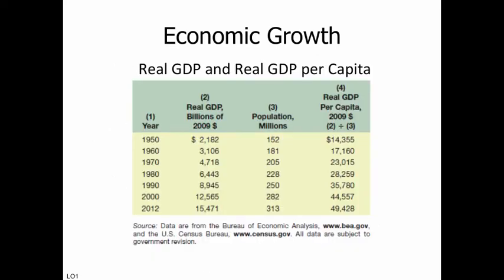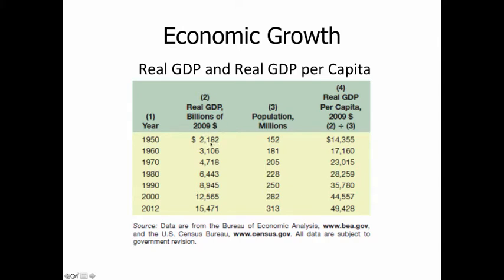Again, looking at real GDP and real GDP per capita over time, broken out by decade, we can see the significant changes in real GDP. These are in billions, and you can see how it's gone from about 2.1 trillion. These are all in 2009 dollars.